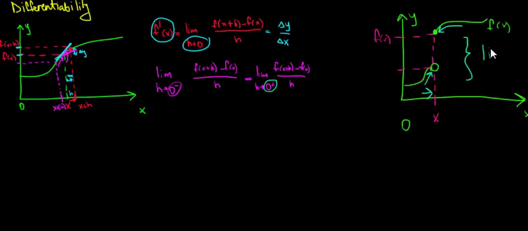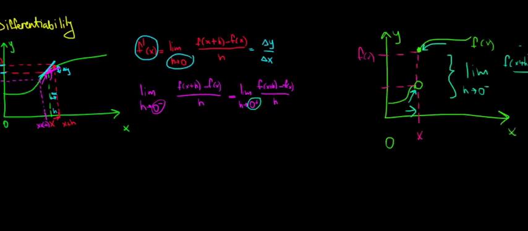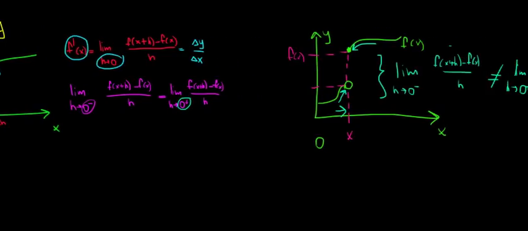So the limit, when we approach from the negative side, of f of x plus h minus f of x divided by h, is not the same as the limit when you approach from the positive side of f of x plus h minus f of x divided by h.